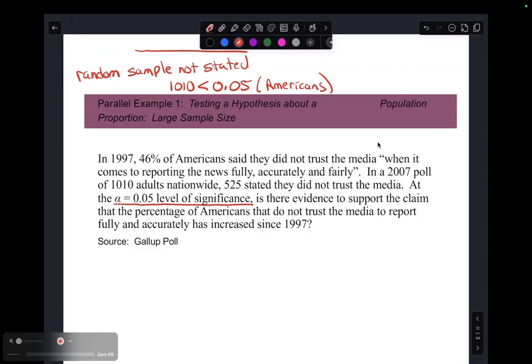Next, NP times 1 minus P needs to be greater than or equal to 10. So N is our sample size, 1010 times 0.46 times 1 minus 0.46. Let's math this out. I'm probably supposed to be using p hat, isn't it?